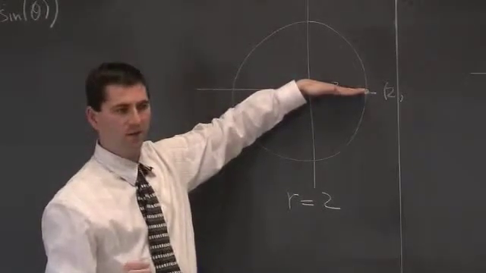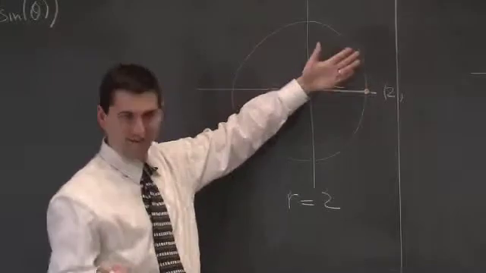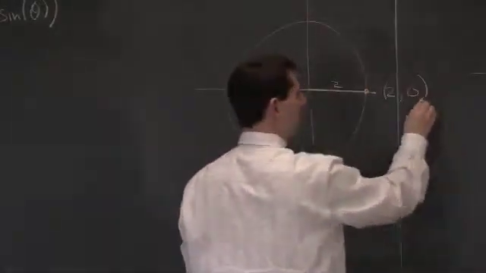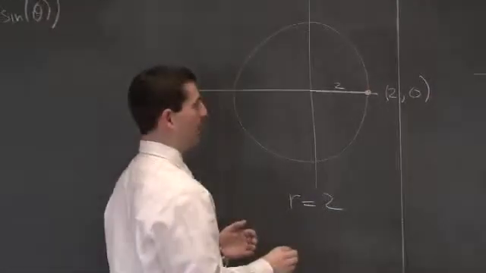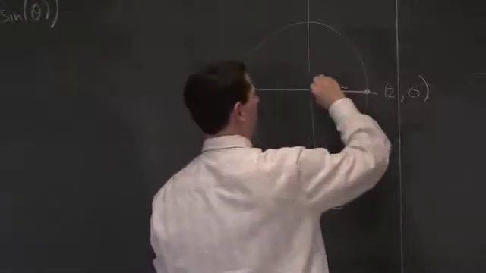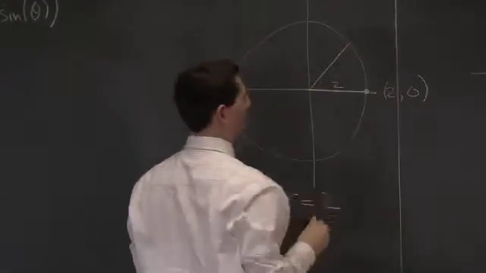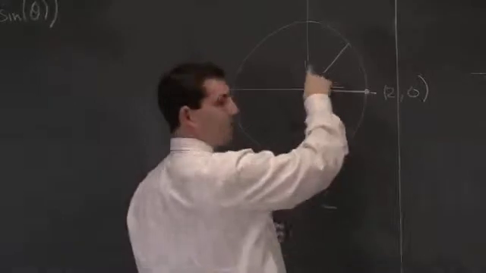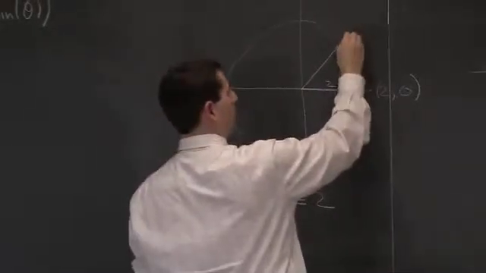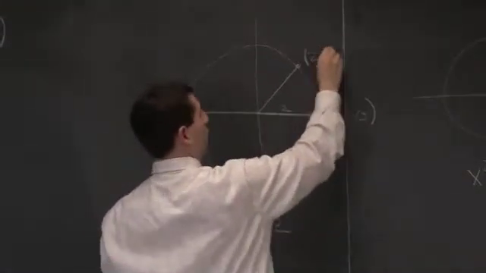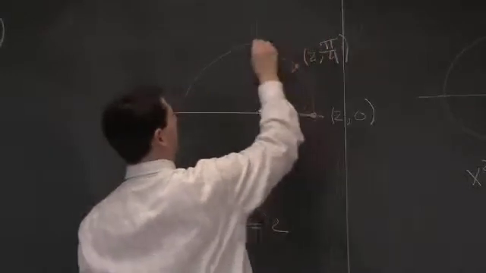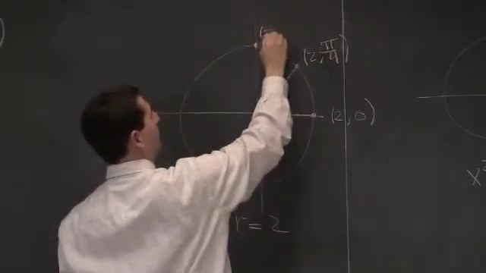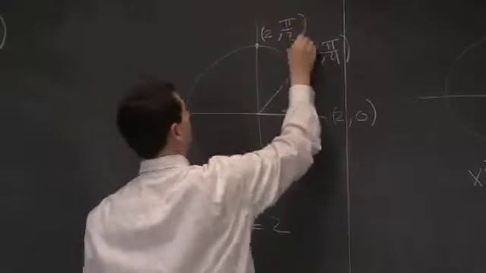You're overthinking it. What's the angle here? 0, yeah? And let's say you went up over here. Say this is at 45 degrees, or pi over 4. What's the point? 2 comma pi over 4. And if I went up here, it'd be 2 comma pi over 2. And say I went over here.